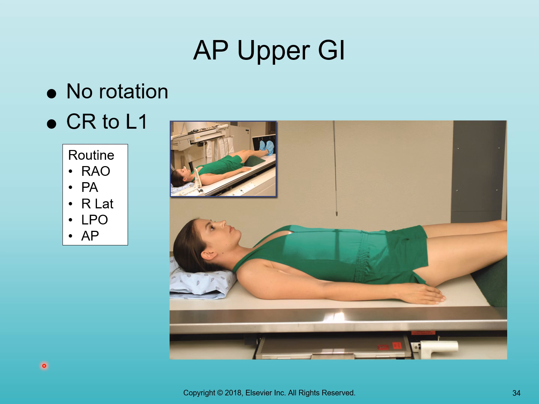I recognize that it says 80 to 90 for water soluble, but I would tell you that I would stick with 90 to 100 for either double or water soluble. So on an AP upper GI for single contrast, we use 110 kVp at 2 mAs. And for double or water soluble, we use 90 kVp at 2 mAs.